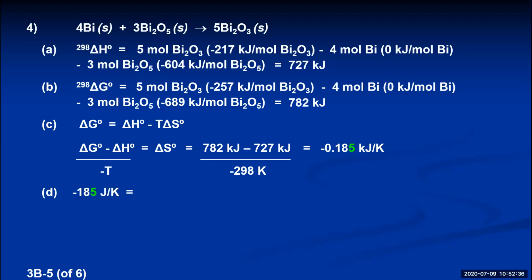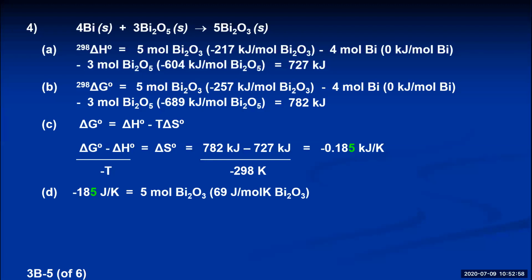So watch this. If the overall reaction's change in entropy, delta S, is negative 185, that would equal 5 moles of Bi2O3 multiplied by its absolute entropy, which is given in the table on the problem, 69 joules per mole Kelvin. Then subtract 5 moles multiplied by the absolute entropy of bismuth.